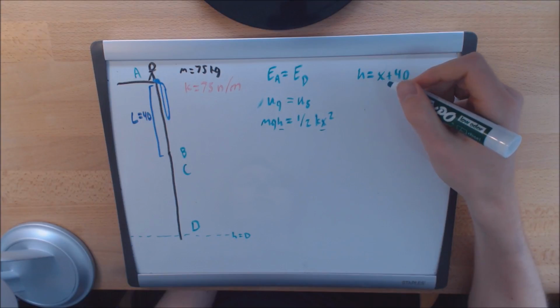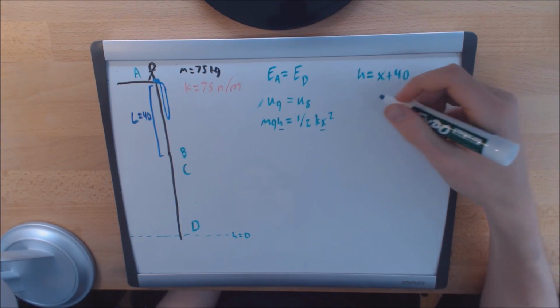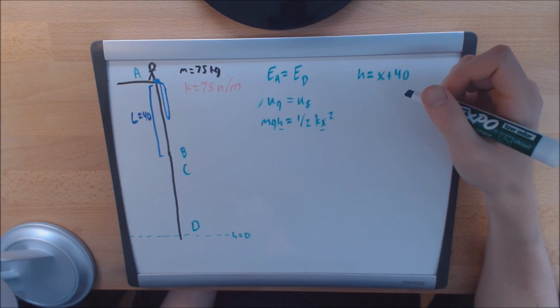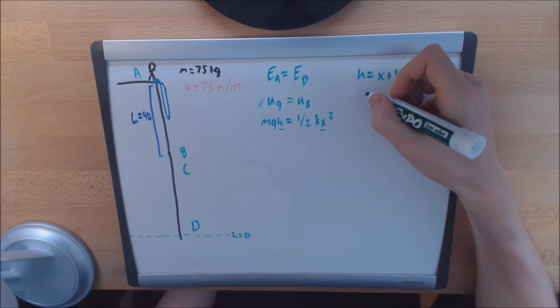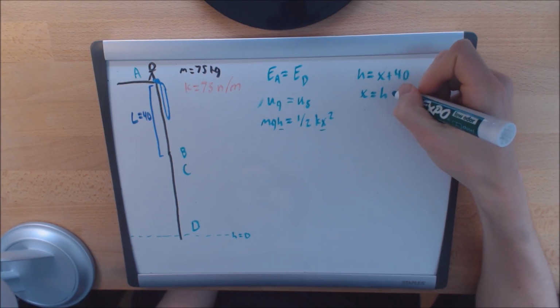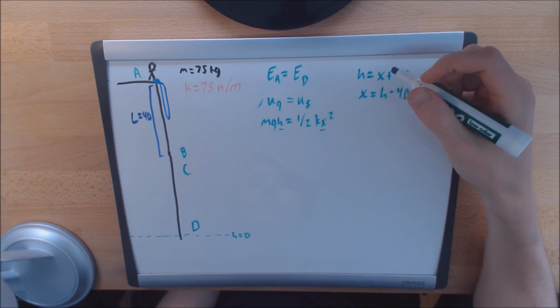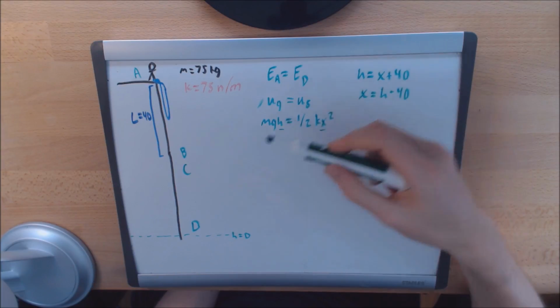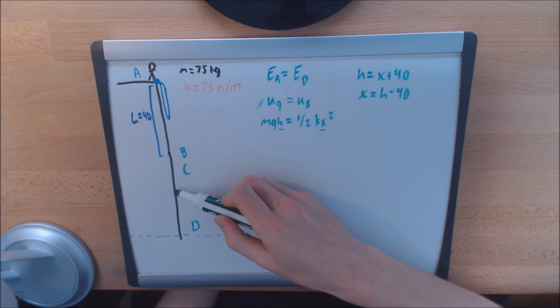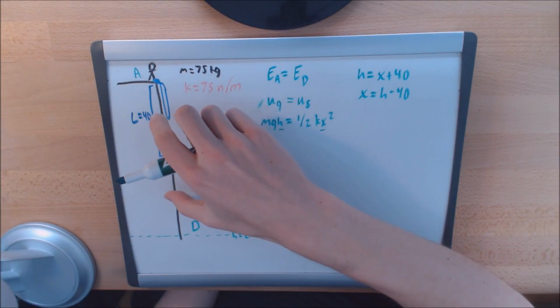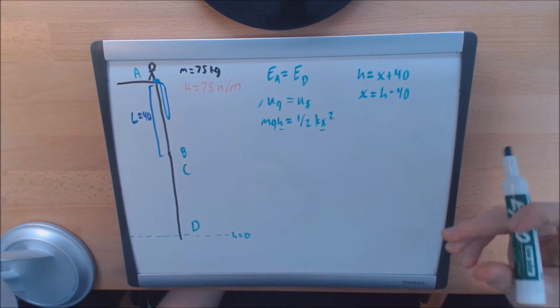And we can rearrange this to solve for x by saying that x is going to equal h minus 40. Because our stretch distance is going to be the total height minus that 40 part.